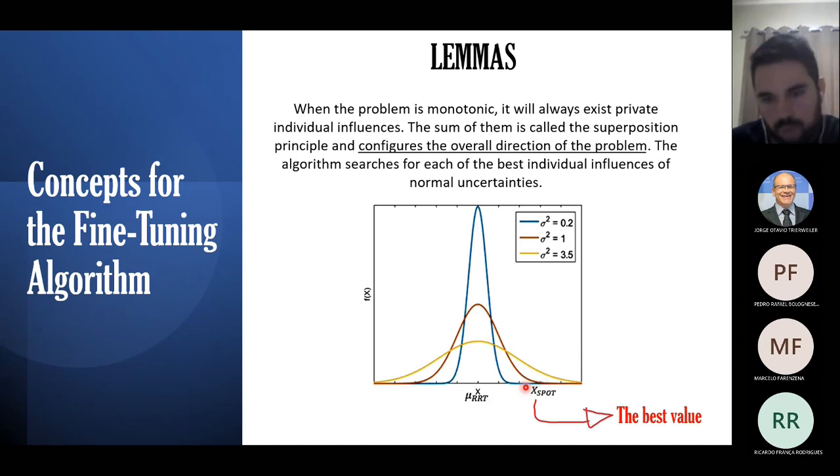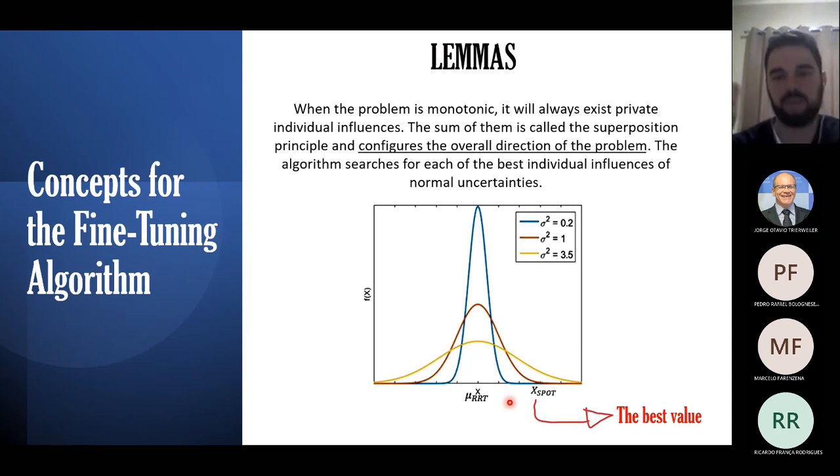So if we look at the area below this curve, we see that the orange curve is the curve that has more chance to randomly generate this desired value, okay? So this is the lemma. So what is X spot? X spot is the value that, when we substitute it in our model, is going to generate a solution that is closest to what we call an ideal solution.